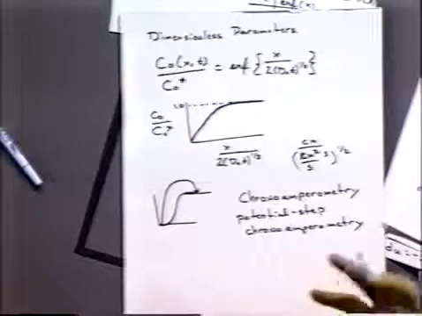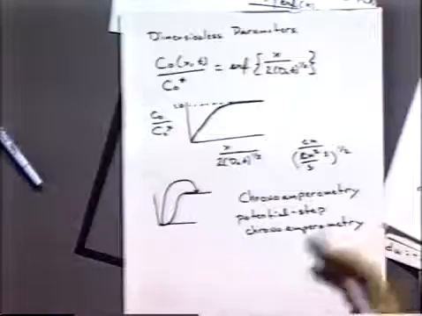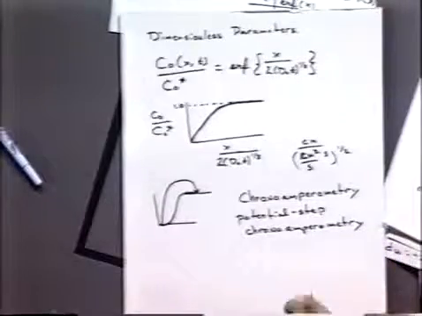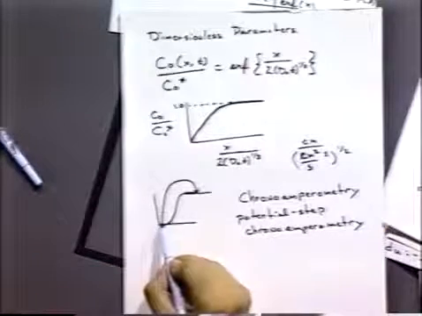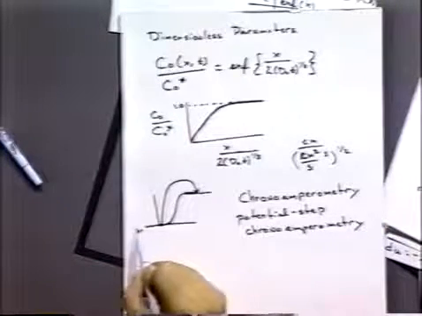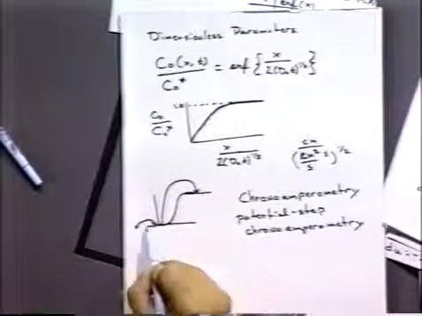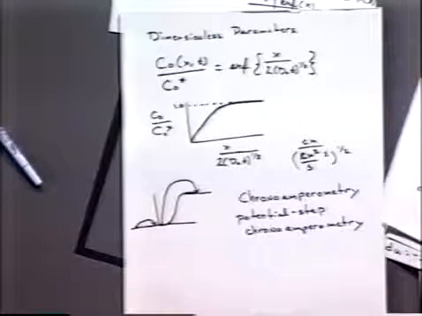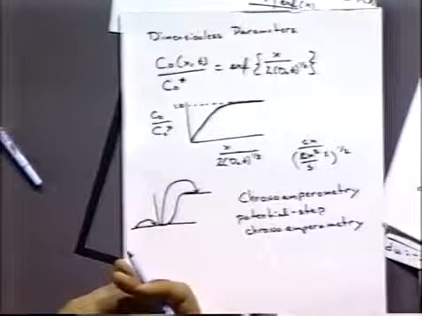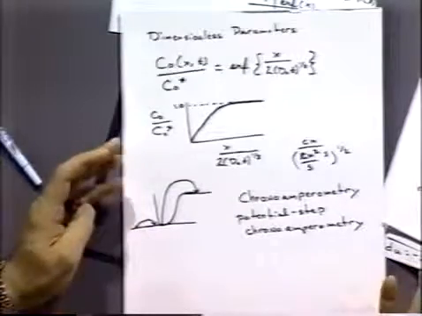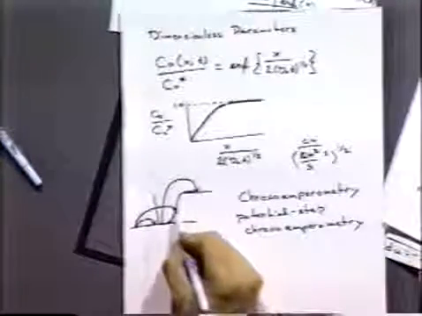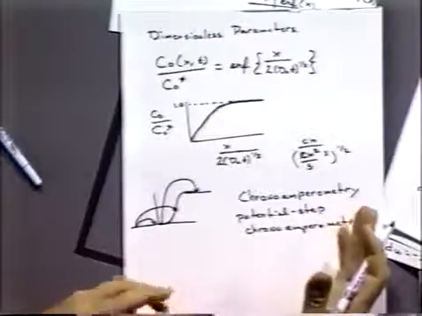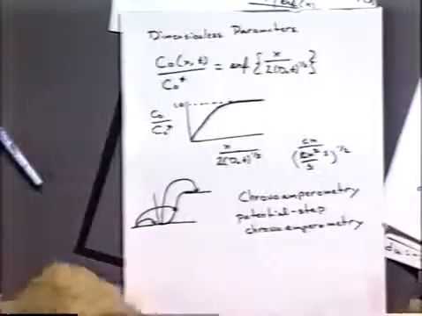Now, the particular experiment that they're doing to get the Cottrell case is one particular type of potential step chronoamperometry. We can do any type of potential step chronoamperometry. For example, we could step from here to here. Of course, if we did that, there would be essentially zero current flowing, and we would not have the Cottrell equation. We could step from 0 to here. That'd be another potential step chronoamperometry experiment, chronoamps they often say.